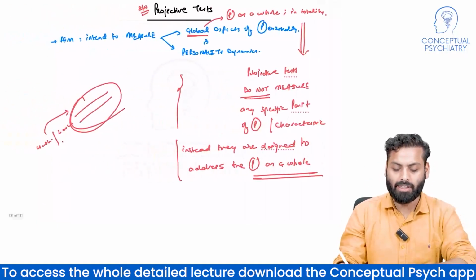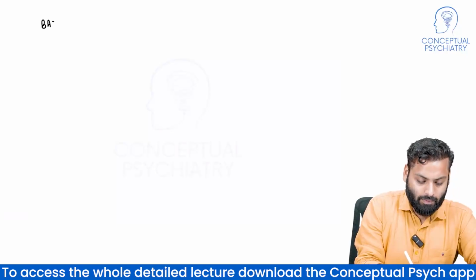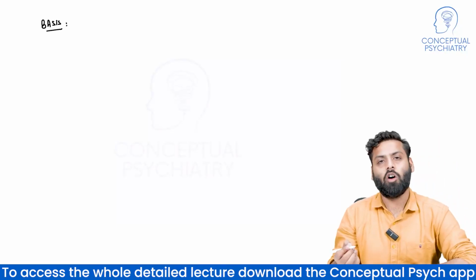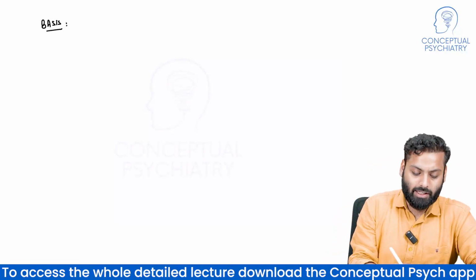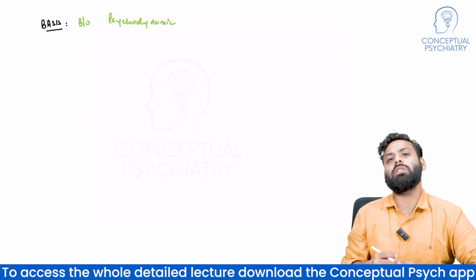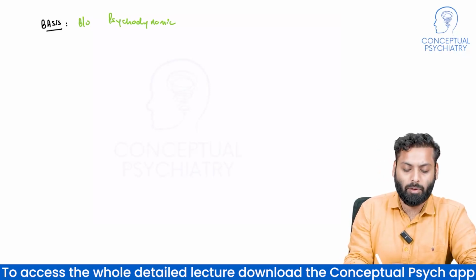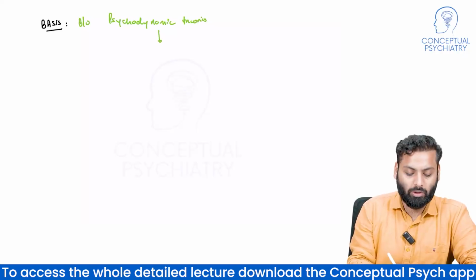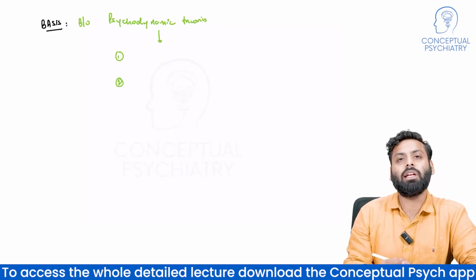Now, what is the basis of projective test? It is based on psychodynamic theory. Everyone knows that, because it is invoking the unconscious, so it will be based on psychodynamic theories. But what are the two psychodynamic theories that we have to mention?